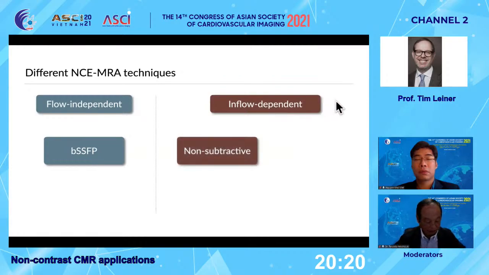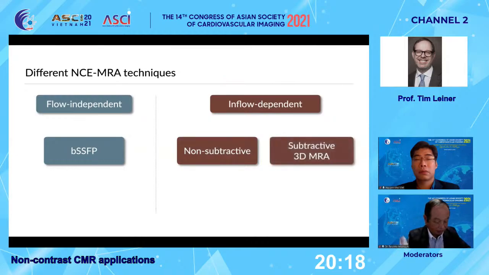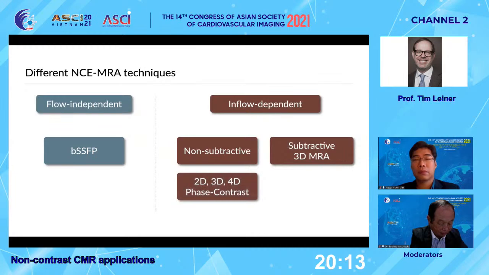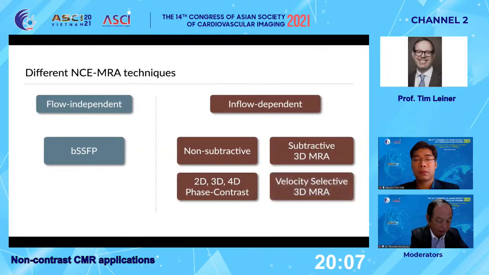So there are non-subtractive techniques, there are subtractive 3D MRA techniques, there are 2D, 3D, and 4D phase contrast techniques, well known to everyone, and velocity selective 3D MRA techniques. This is basically the landscape of non-contrast MRA. And now let's take a look in a little bit more detail at all of these different techniques.